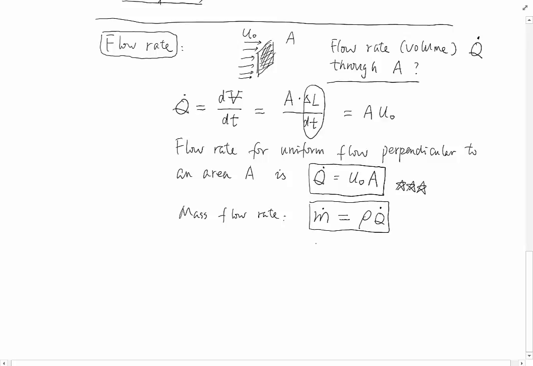We can also derive this in a similar fashion, because m dot is equal to dm dt. dm is equal to density times volume, and dt, and of course this is q dot.